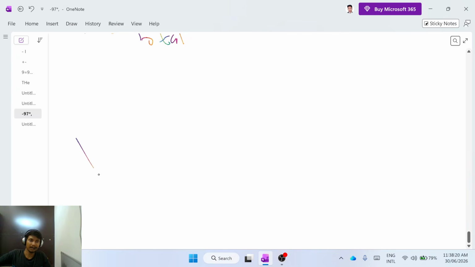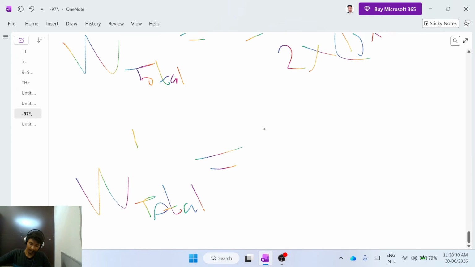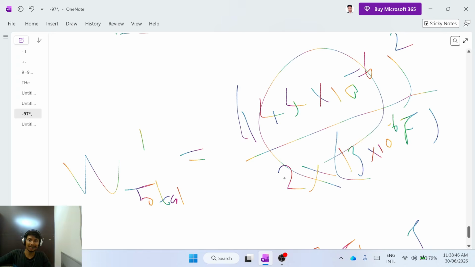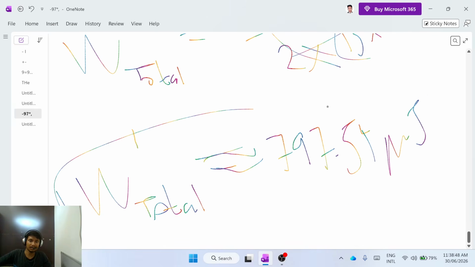If you find the final answer, the energy at the final stage will be W dash total approximately equal to 797.54 microjoule. If you calculate very carefully, you will get this answer.